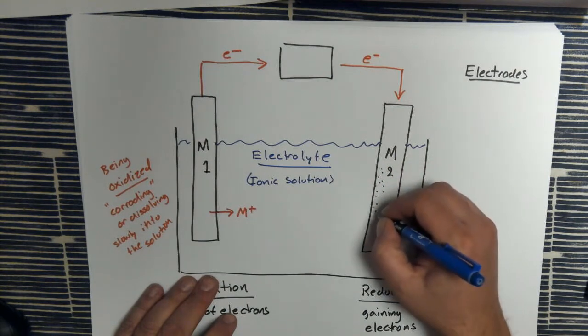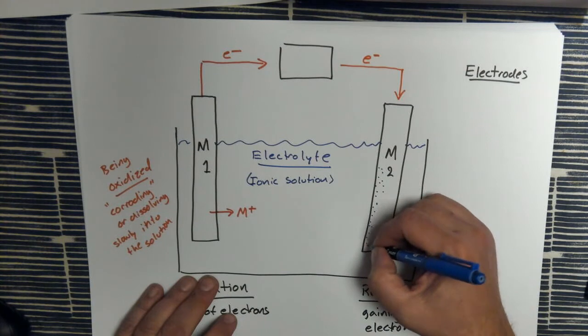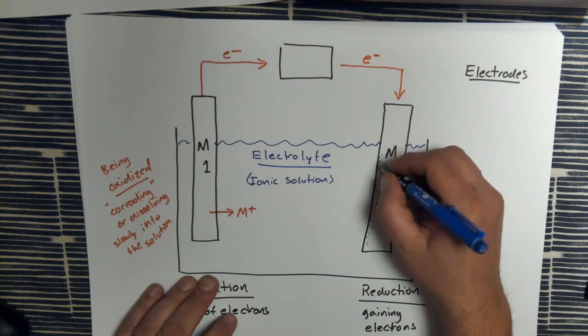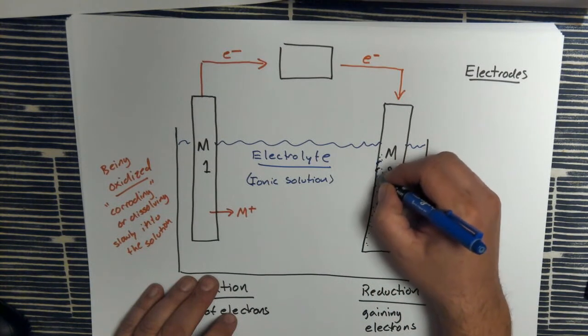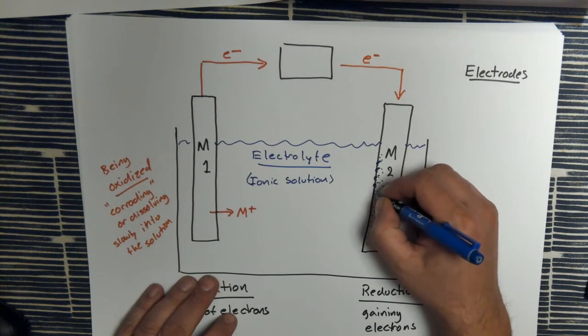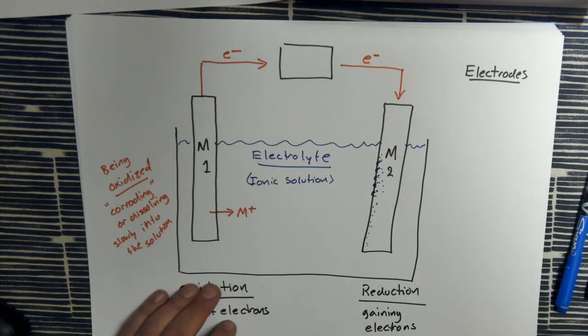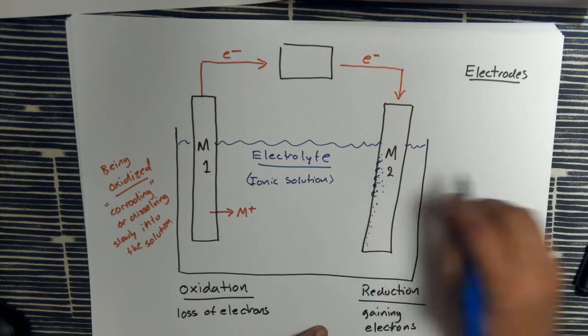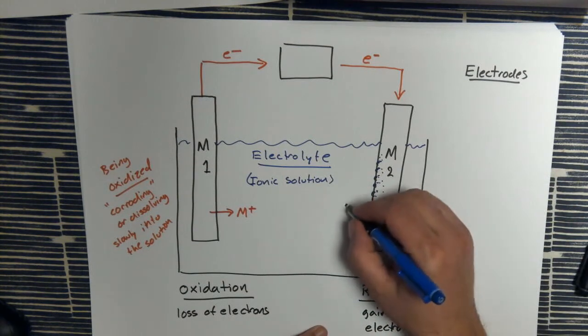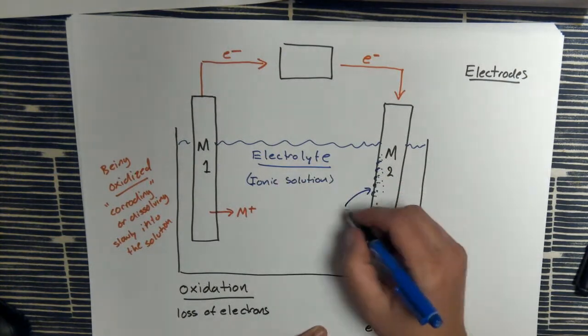So there's little electrons here. Of course, you can't see these electrons, but they are on the surface. And so these little electrons are forming on the surface of this electrode, and they're going to attract some other material from the electrolyte.